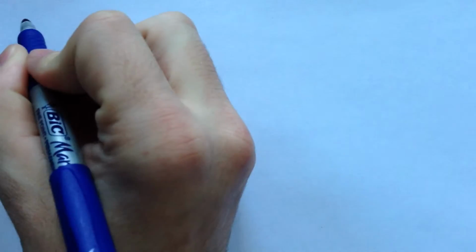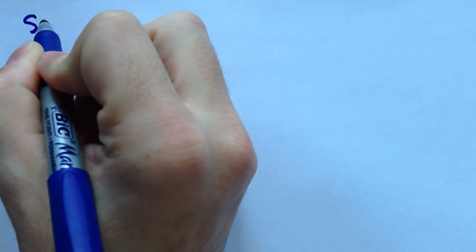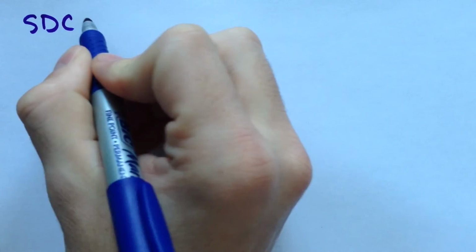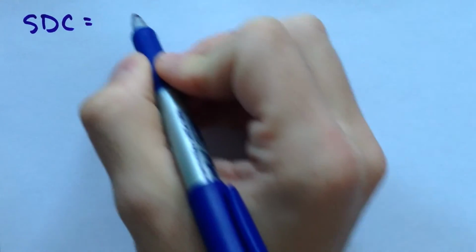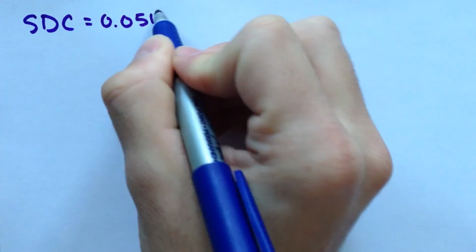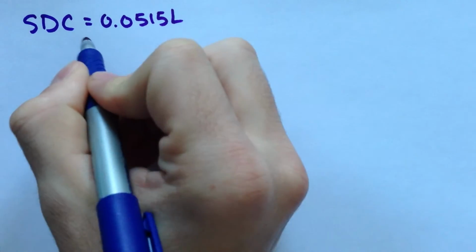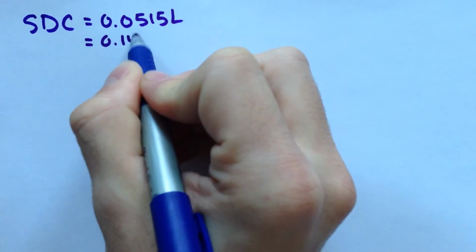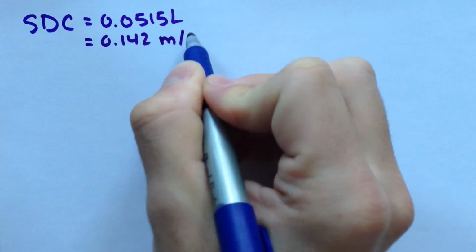So what I like to do is write down everything we know. So we have our sodium dihydrogen citrate, and it has a total volume of 0.0515 liters and a molarity of 0.142 moles per liter.